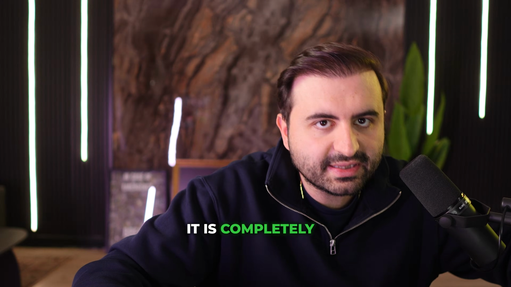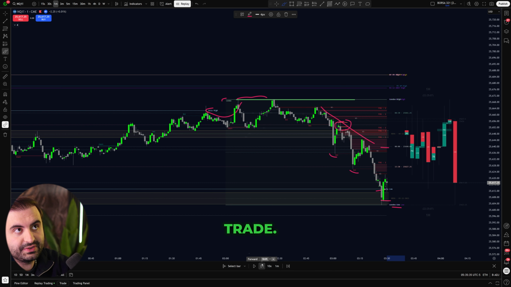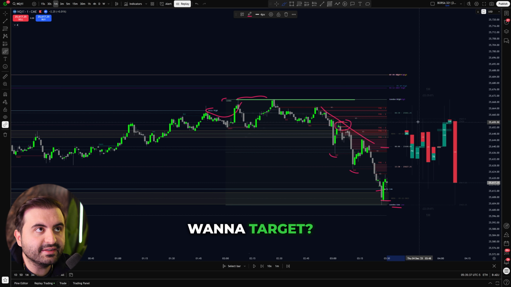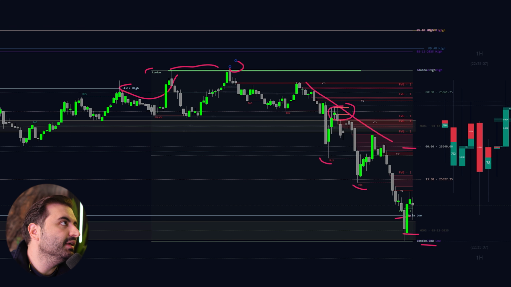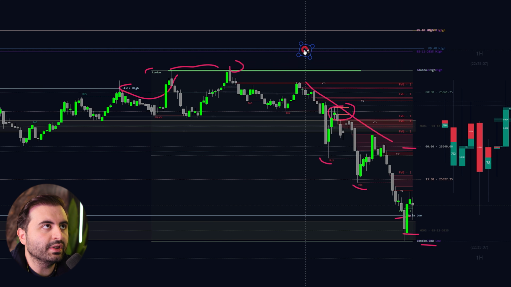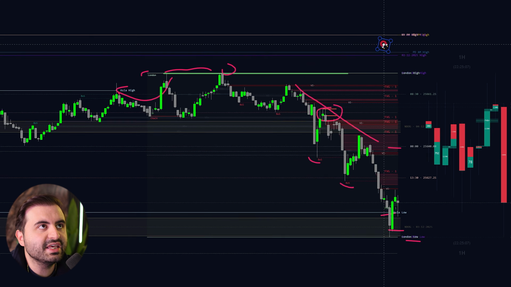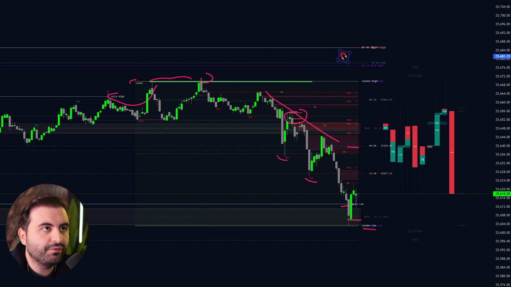It is completely normal that you can start waiting for the reversal trade. And where do you want to target? Yes, you guessed it. These equal highs over here. These levels always act as a magnet and we love to use them. You can even target the previous day AM high, which is a very high chance.